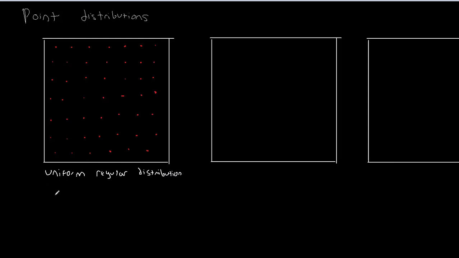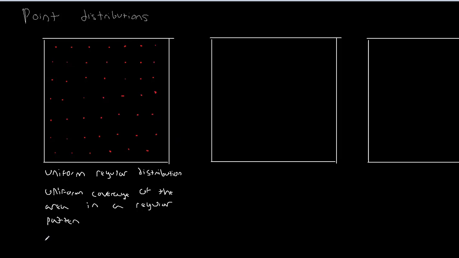What this means is that basically you have uniform coverage of the area in a regular pattern. So, again, these points are evenly spaced apart. They cover the entire area in a regular pattern.